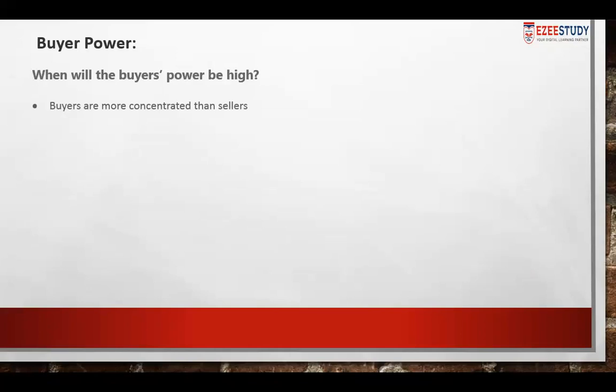Buyers are more concentrated than sellers, that is, when you have few buyers and more sellers. Threat of backward integration is high.